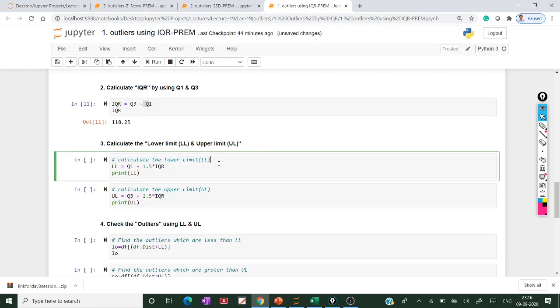The third step is to calculate the minimum and maximum values, meaning the lower limit and the upper limit. What is the lower limit formula? Lower limit is Q1 minus 1.5 into IQR.